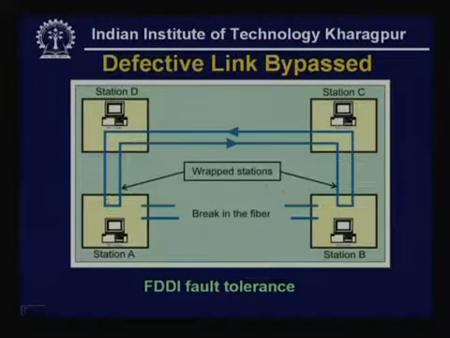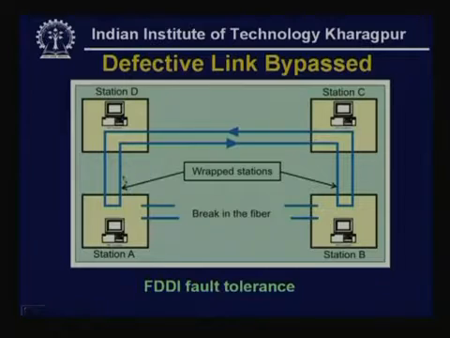So, these stations will be wrapped, and that faulty part of the fiber will be bypassed. You see here, this is how it automatically supports fault tolerance. That means it detects where the breakage has taken place, and then it does the repair, and as you can see, now the ring is formed in this manner. Bypassing the fiber, a ring is formed and it continues to operate, and it is transparent to the user. So, the user will not know that this kind of failure has taken place.